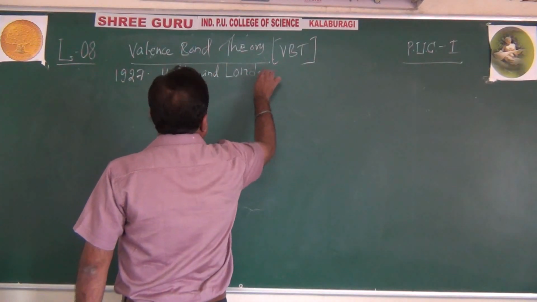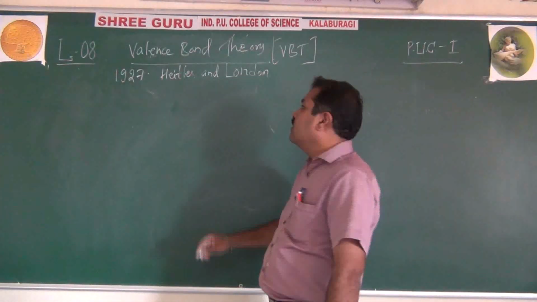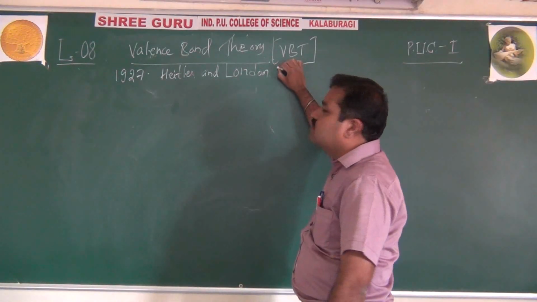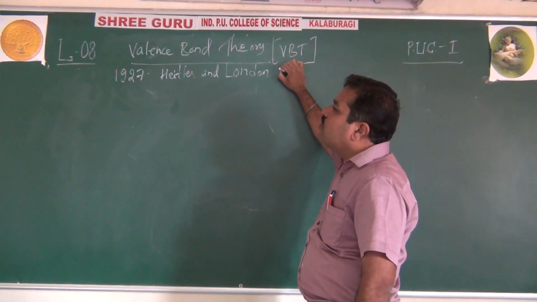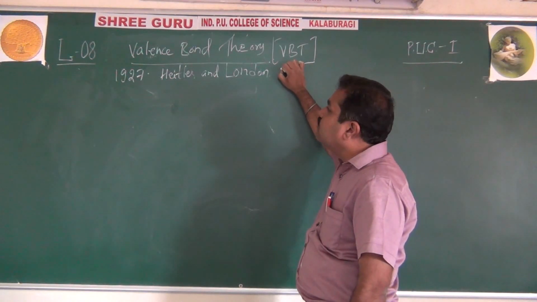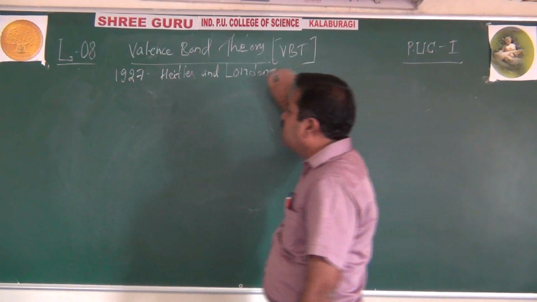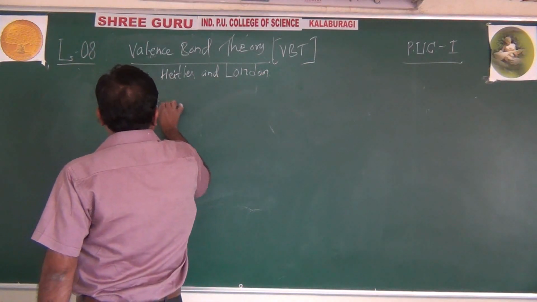Heitler and London, these are the scientists' names. They put forward this valence bond theory to explain the formation of covalent bond through the orbital overlap picture.